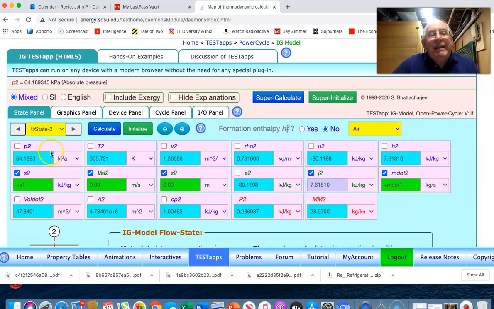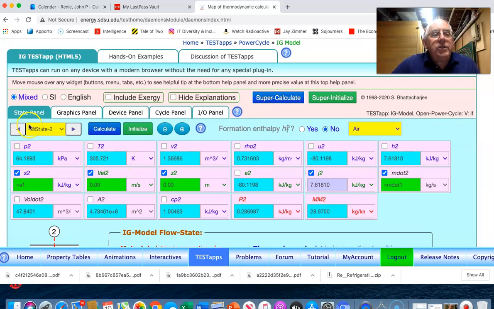Had this been the gas dynamics application, the pressure and the temperature here would have corresponded to the stagnation temperature and pressure. But in this case, all of the kinetic energy has turned into pressure and temperature, ready to go into the compressor. So we have state 2 defined.